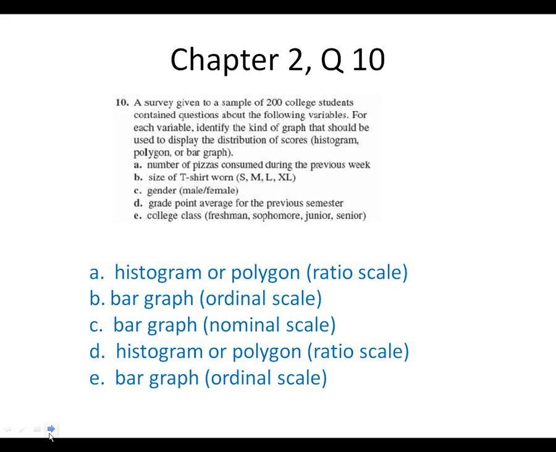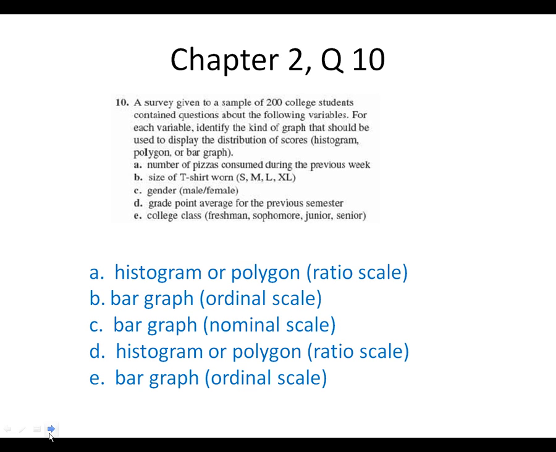B is the size of t-shirts worn. And don't forget now, size is an ordered array, so that is an ordinal scale. And you want to use a bar graph for ordinal scales. Same with C. The gender is a nominal, and you also want to use a bar graph.